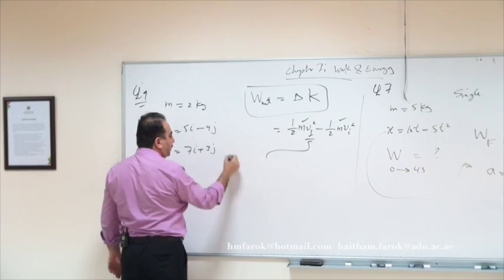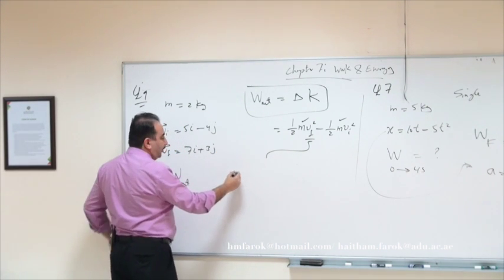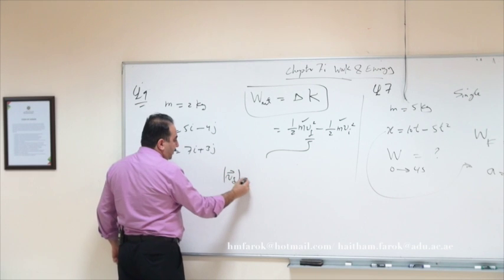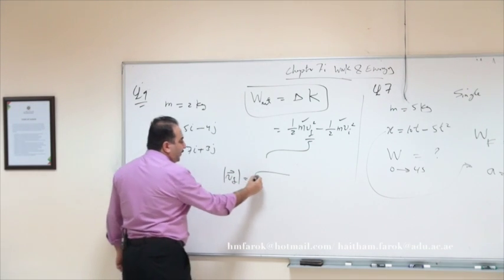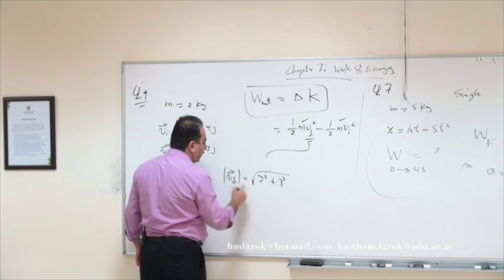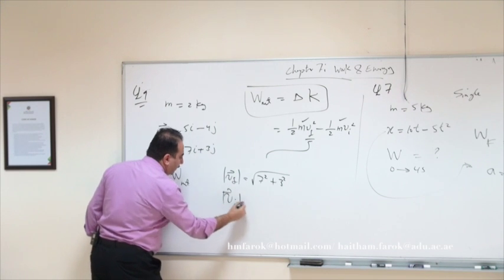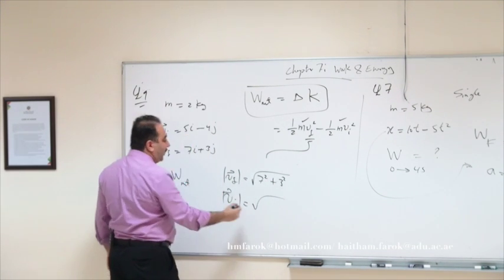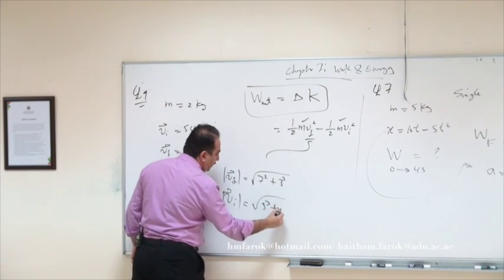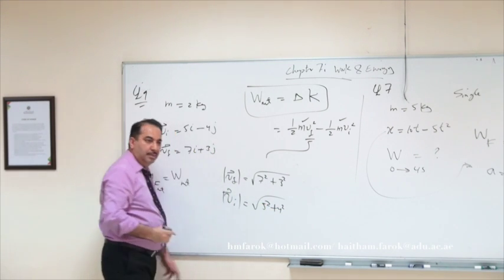The v final magnitude is the square root of 7 squared plus 3 squared, and v initial is the square root of 5 squared plus 4 squared.